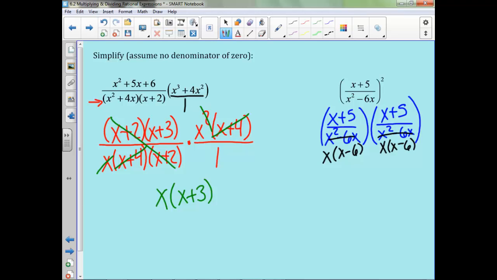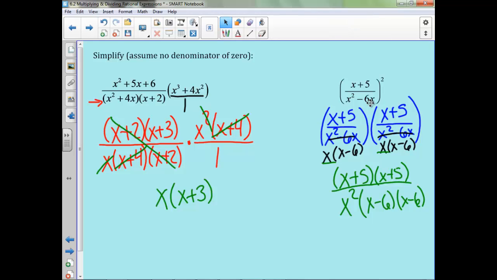And so now, in our numerator, we've got x plus 5 times x plus 5. In our denominator, we've got an x times an x, so that'll be an x squared times x minus 6 times x minus 6. Now your book will distribute those out. I'm okay if you leave them in factored form.